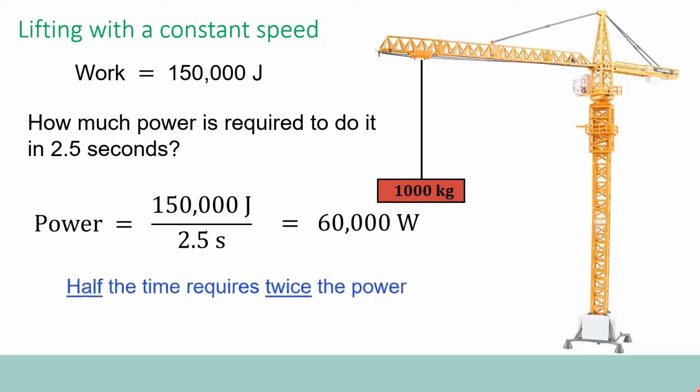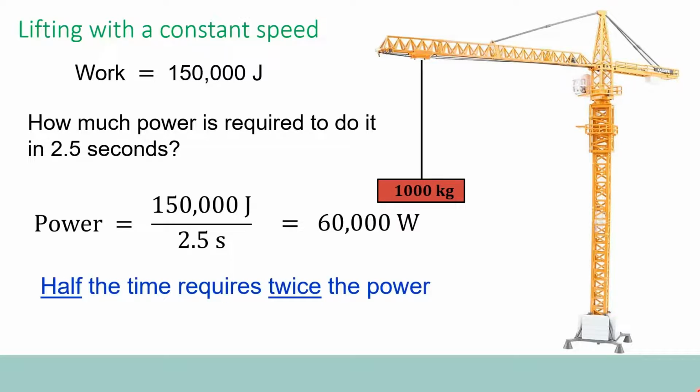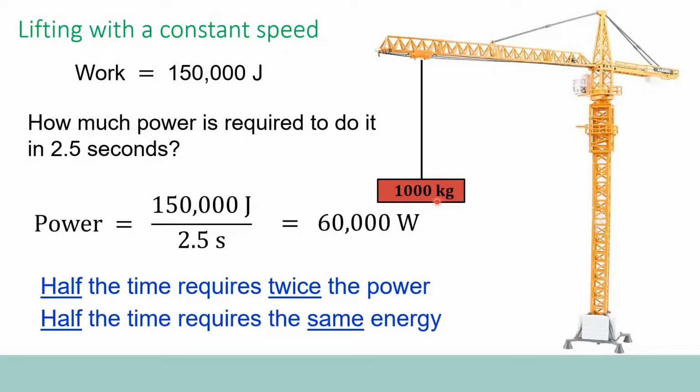So we can say then that half the time requires twice the power. I also want to point out that we use the same amount of energy for this power calculation. It's because the beam was lifted to the same height either way, and that's where the energy or the work was represented. So it's an important observation to notice that half the time requires the same amount of energy.